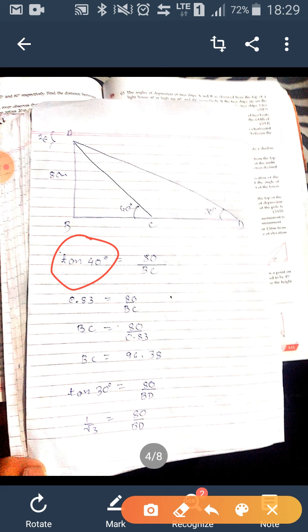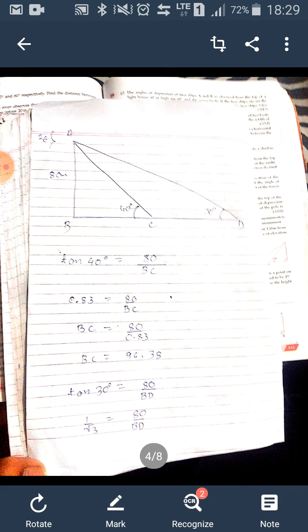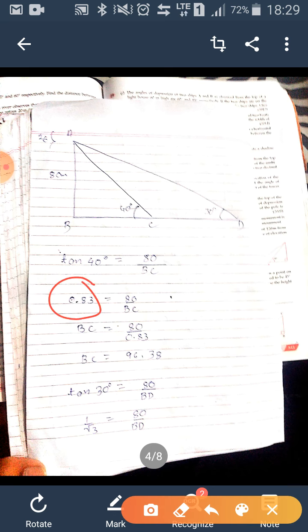And then I need the value of tan 40 degree. So I went to that last page which I showed you last day in the video. On the last page you will get the value, those natural tangents. If you go down on the extreme left hand side of the page, if you keep on going down, you will see that you will get the value of tan 40 degree as 0.83, and after that something. I've just taken the first two numbers after the point. So tan 40 degree is 0.83.